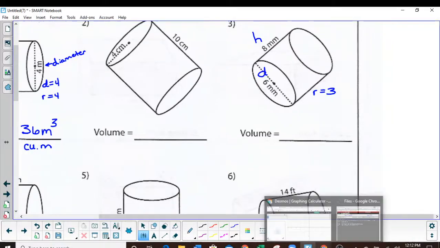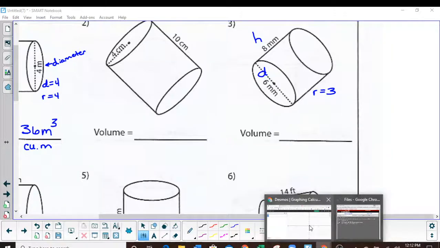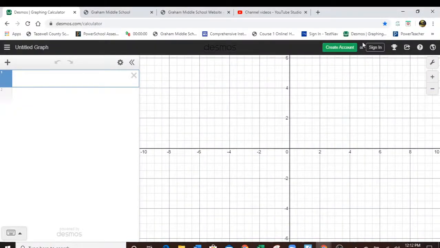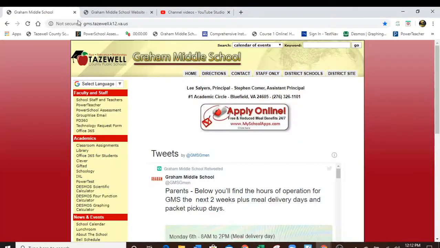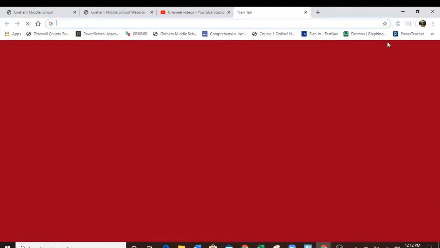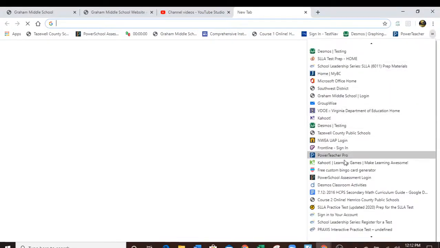Jumping over to Desmos. Oops, that's the wrong one. How did that pop up there? Graphing calculator just all of a sudden came up. Let me get rid of that real quick. Sometimes it's got a mind of its own.